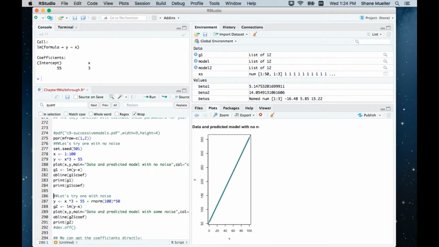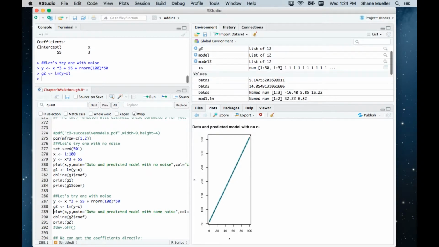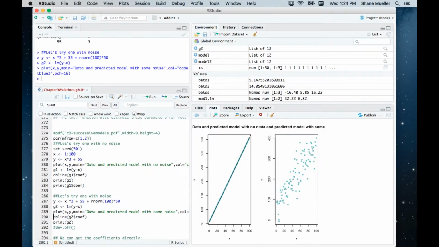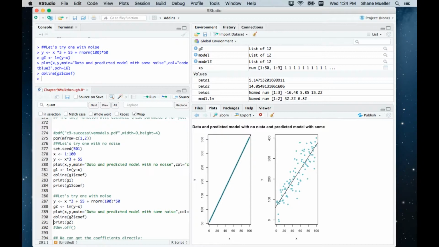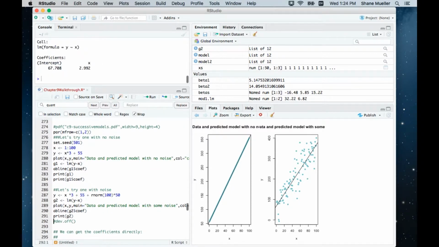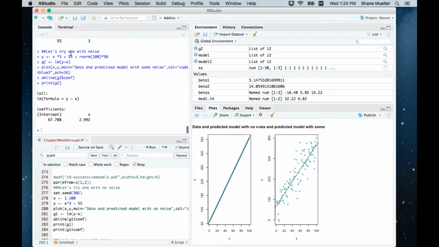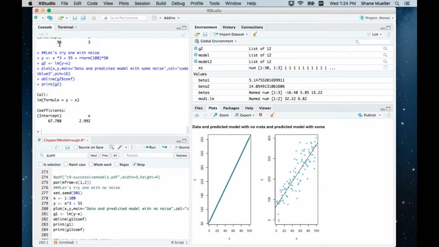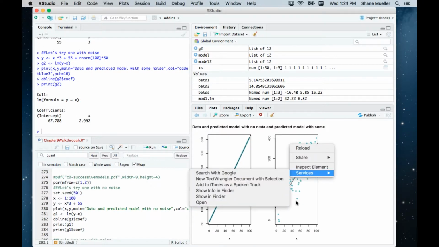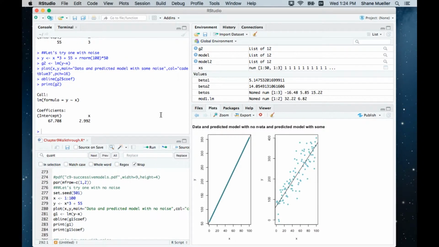Or I could add noise. And here's the same thing with noise. And there's my best fit model. And so as I add noise, my parameters are going to be roughly similar to the true parameters that generate it. It's aiming to do that by finding the ones that minimize the sum squared difference.